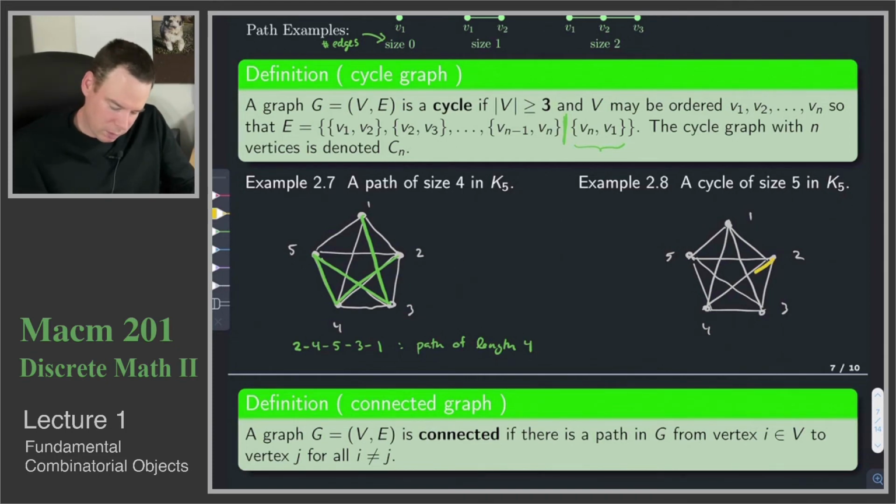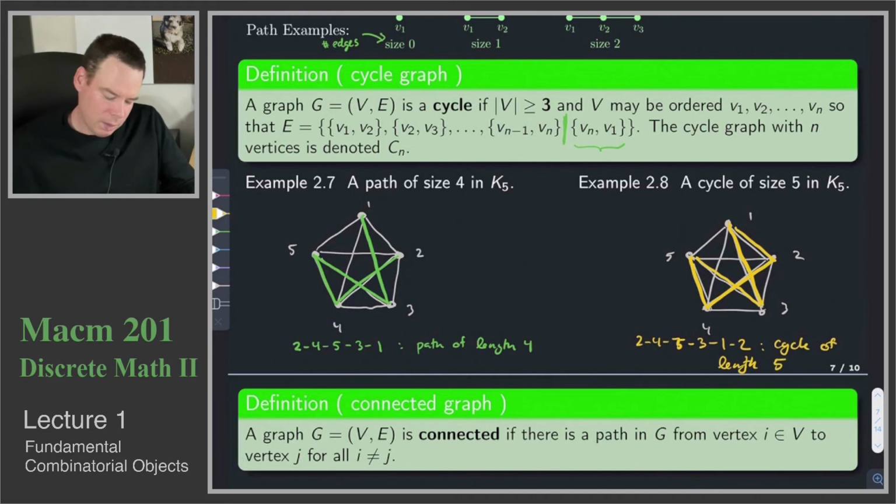Well, for a cycle, we could go 2, 4, 5, 3, 1, and back to 2.